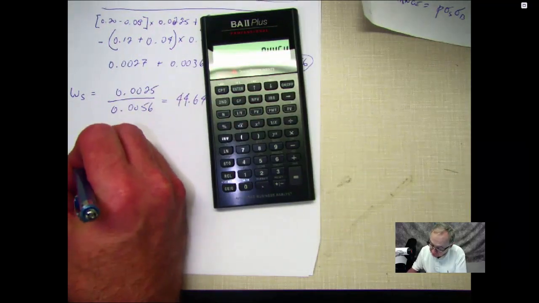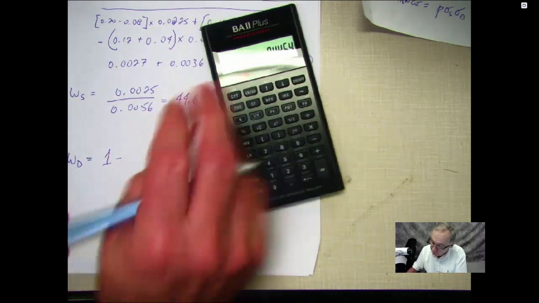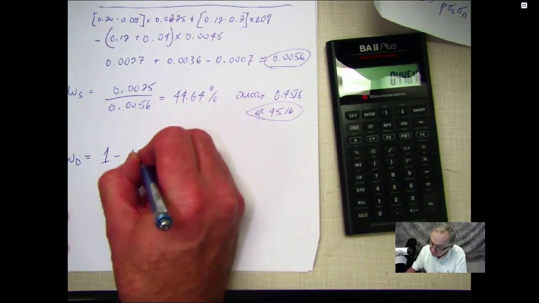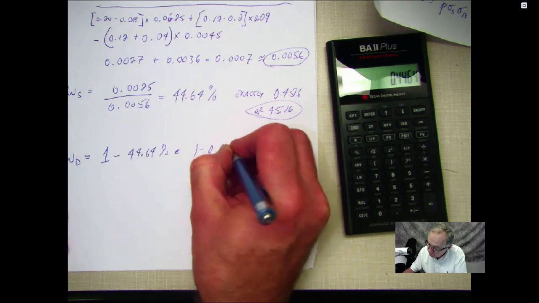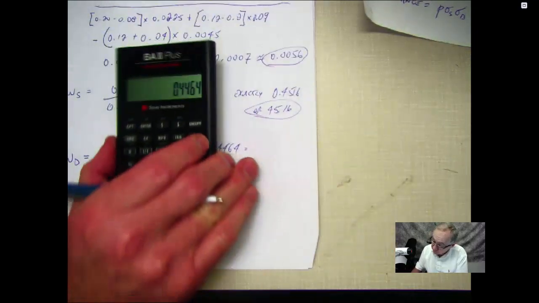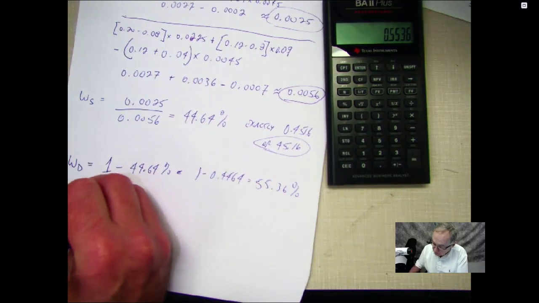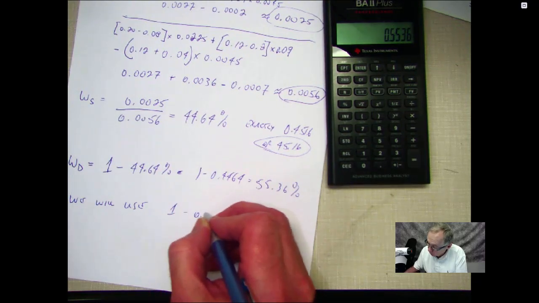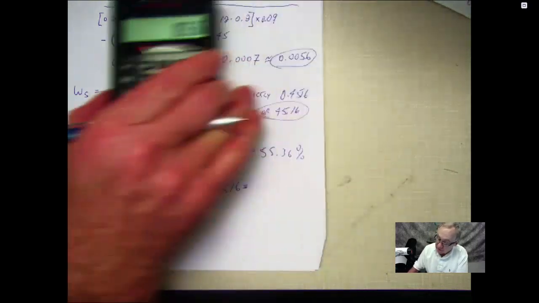Then remember, the weight on the debt or bond portfolio is going to be the total portfolio, 1, minus our weight. So that's 55.36% debt portfolio. We'll use 1 minus 0.4516 for our standard deviation.